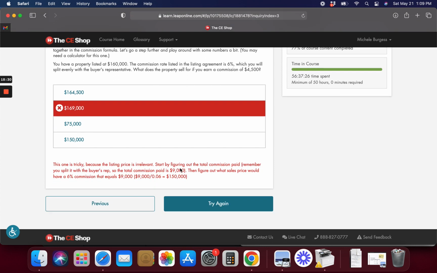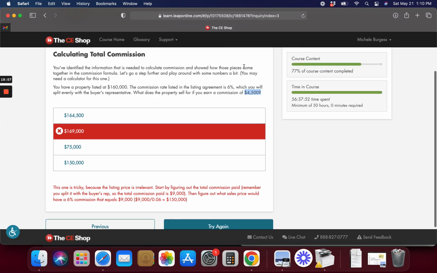Alright, this is a little tricky because the listing price is irrelevant. Okay. So that's why I was getting confused. So it's 9,000 divided by 0.06 is 150. So you're going to double this. This is your commission. Okay, that's why. This is very tricky. For all you math nerds out there, they got this figured out.